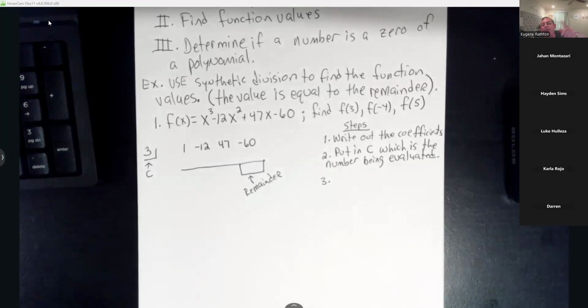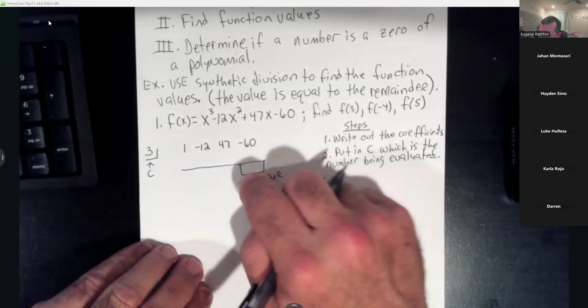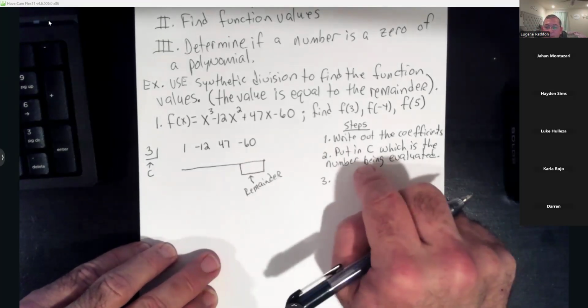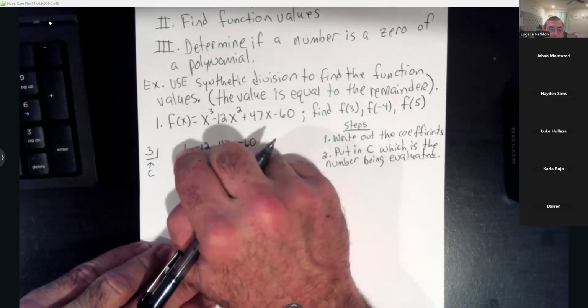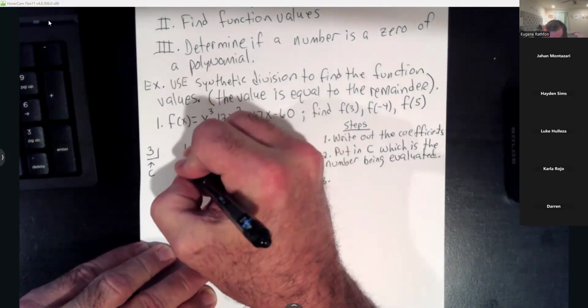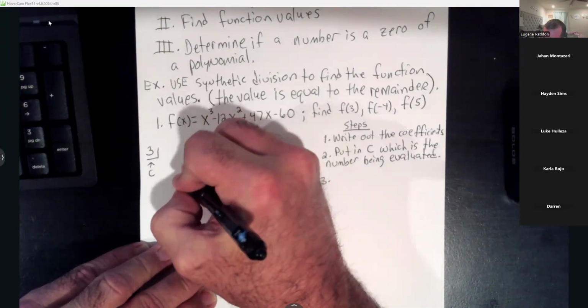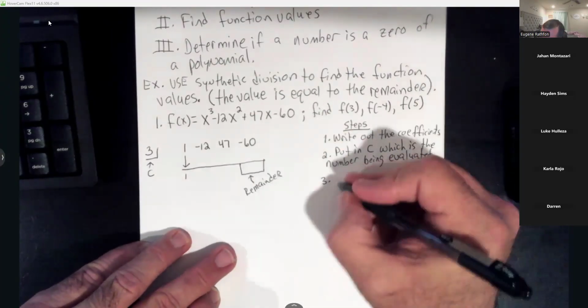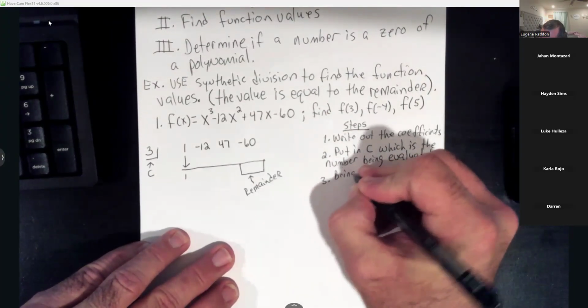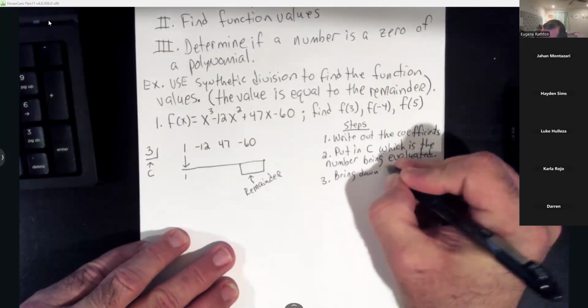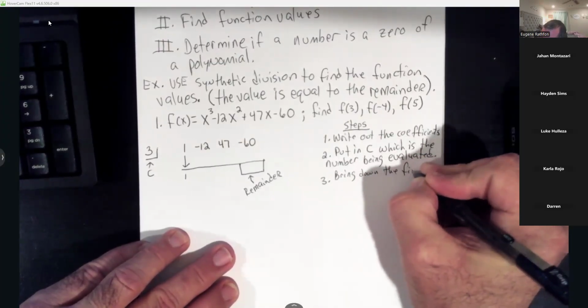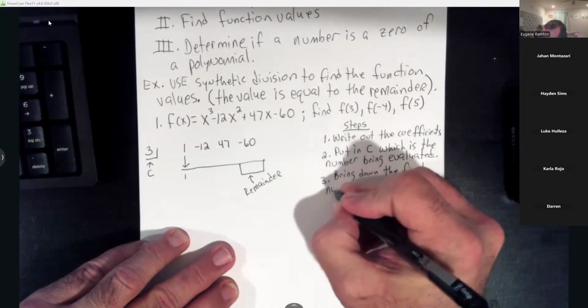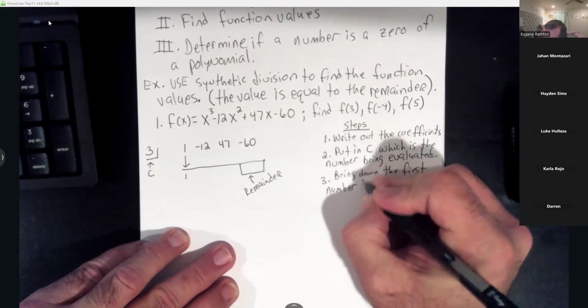All right, now we're about to do a repetitious pattern until we get done, okay? So the first step, this first number, you automatically bring this first number down below the line. So bring down the first number below the line.